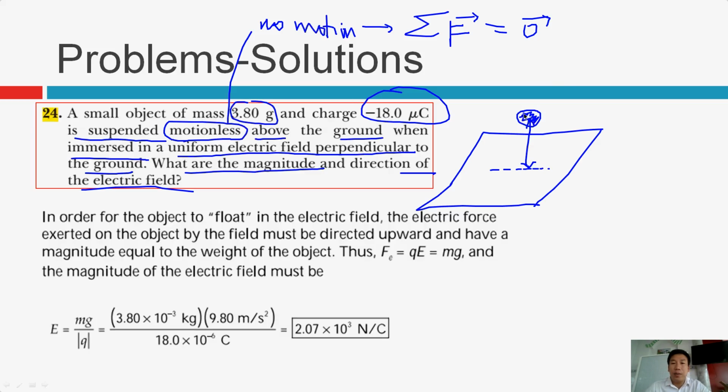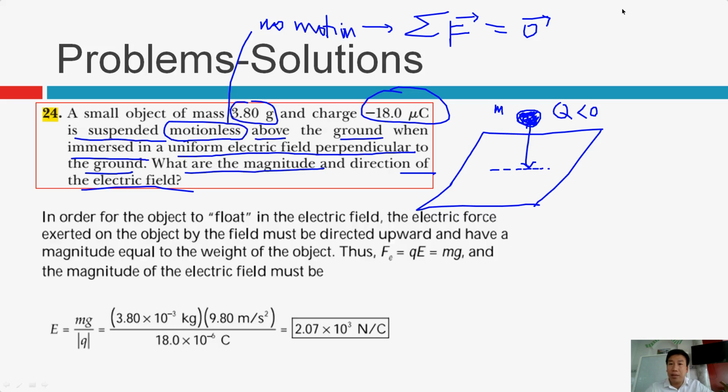It's in a stable position. What are the magnitude and the direction of the electric field? It has a mass m and a negative charge q, and it is stable above the ground.